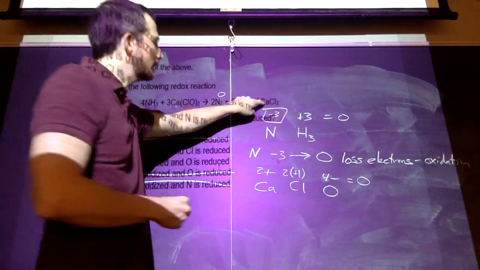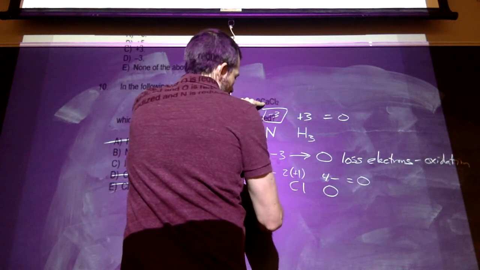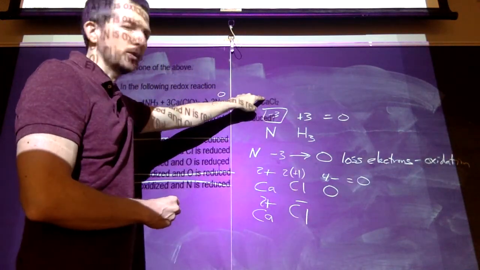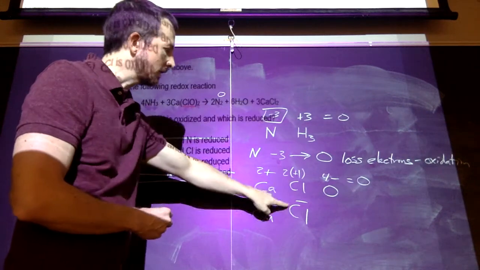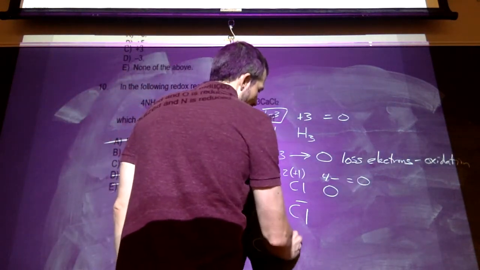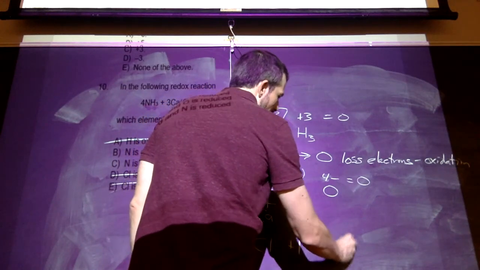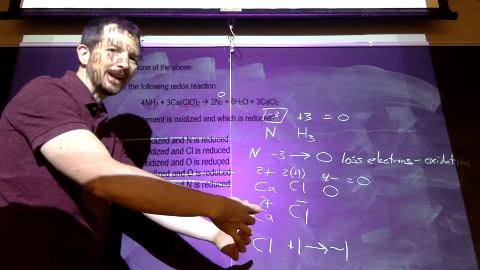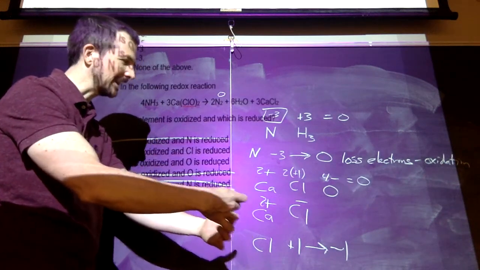Over here, calcium chloride, calcium's a 2+, chlorine then must be a -1. So I have chlorine going from a +1 to a -1. So it's deficient in electrons, gaining electrons to go to -1, it has an excess now.